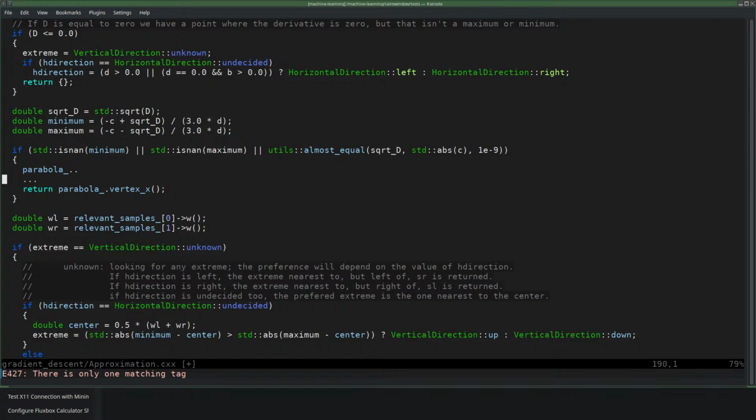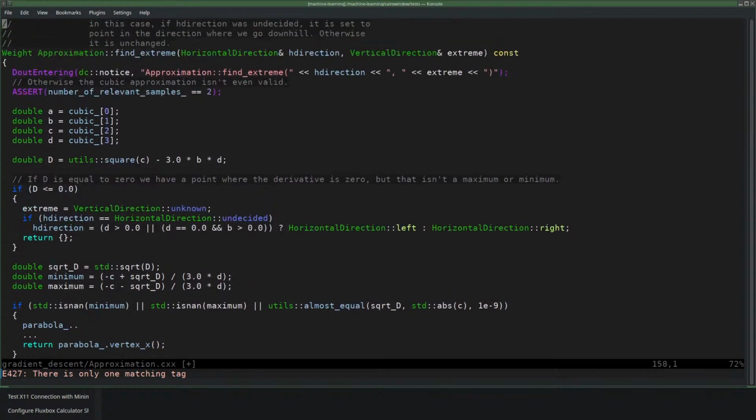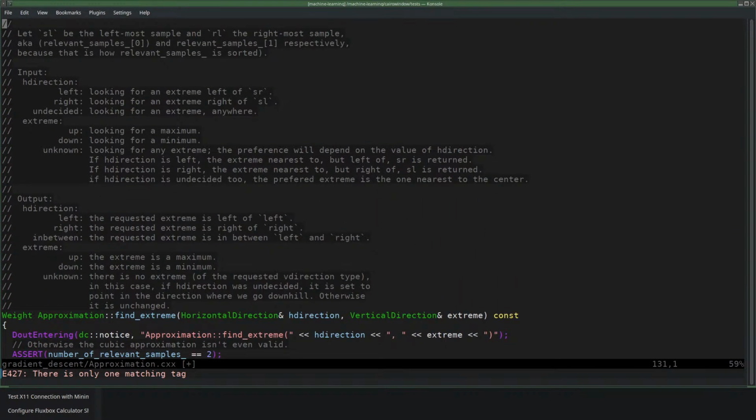Well, only if it is the requested one. So now I have to look at this again. I already did a lot of filtering on those h and direction and extreme values. Can I not use that still?